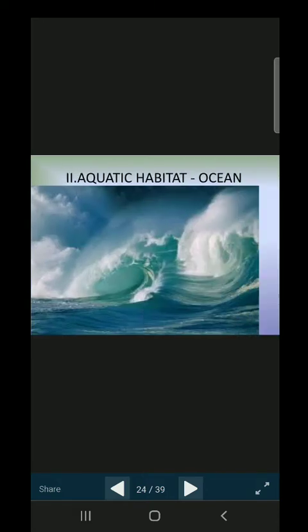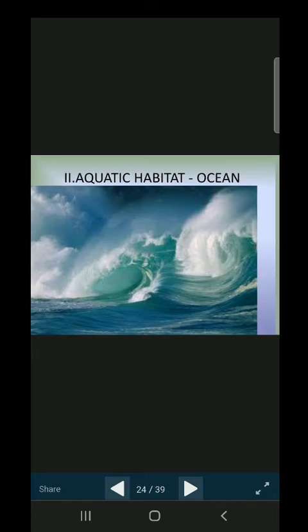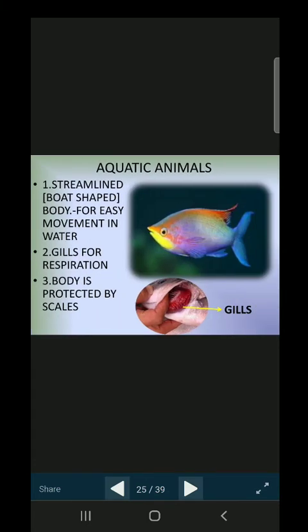Next is the aquatic habitat, that is ocean. Now aquatic animals exhibit streamlined features. You have already learned about the streamlined movement of fish. So streamlined means boat shaped. Their body is boat shaped. It is for easy movement in the water.